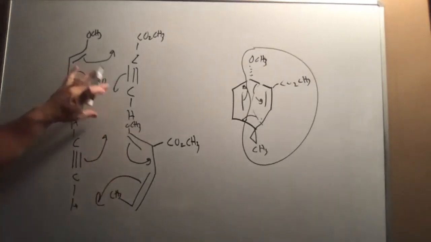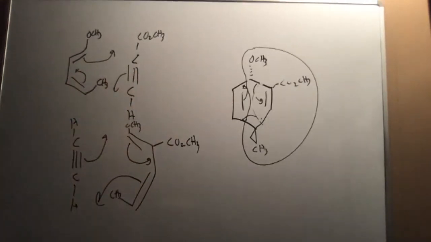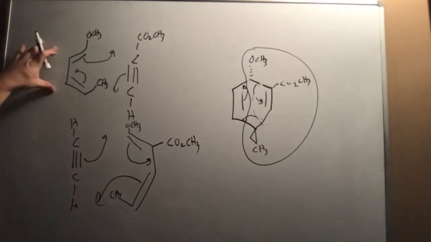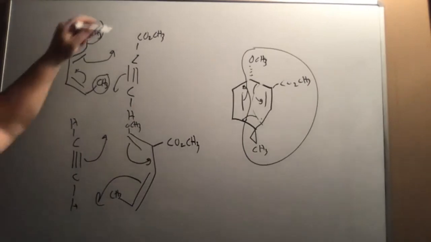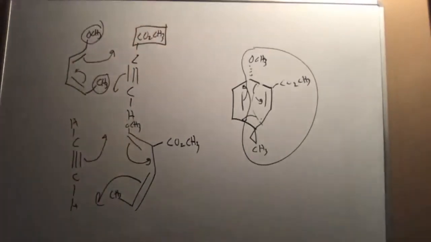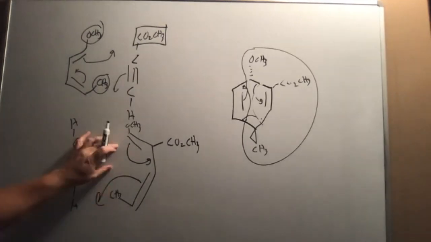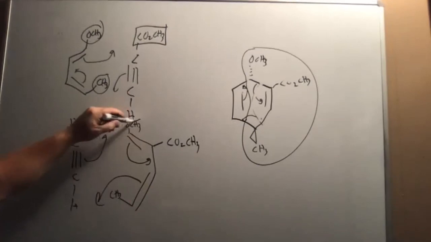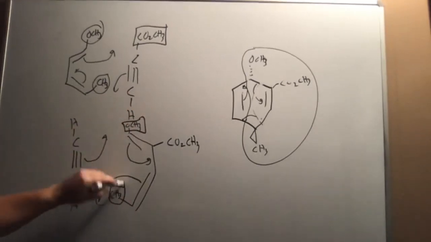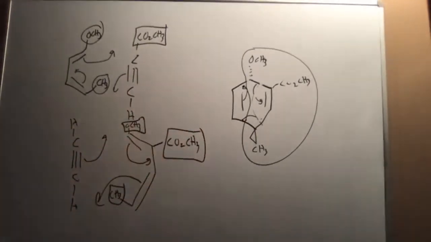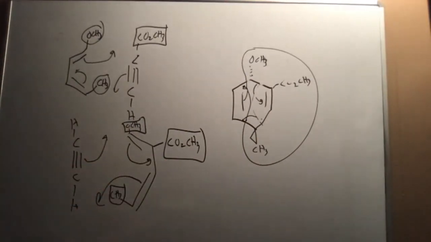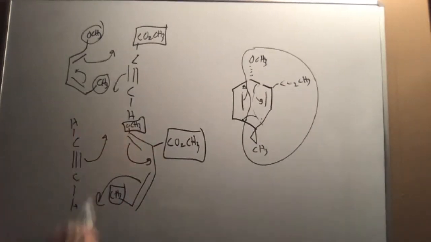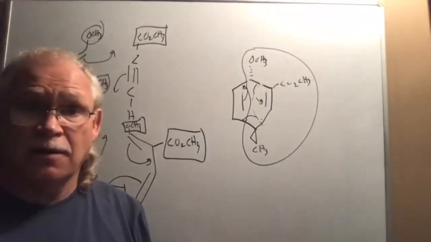So whenever you're trying to predict which method works best, you ask yourself, in this case, are my electron donating groups on my diene and my electron withdrawing groups on my dienophile? The answer is yes. But notice in this case, the diene contains both electron donating groups and electron withdrawing groups. So this is not a good Diels-Alder reaction. So if you had put this on the test, you would not have gotten full credit.